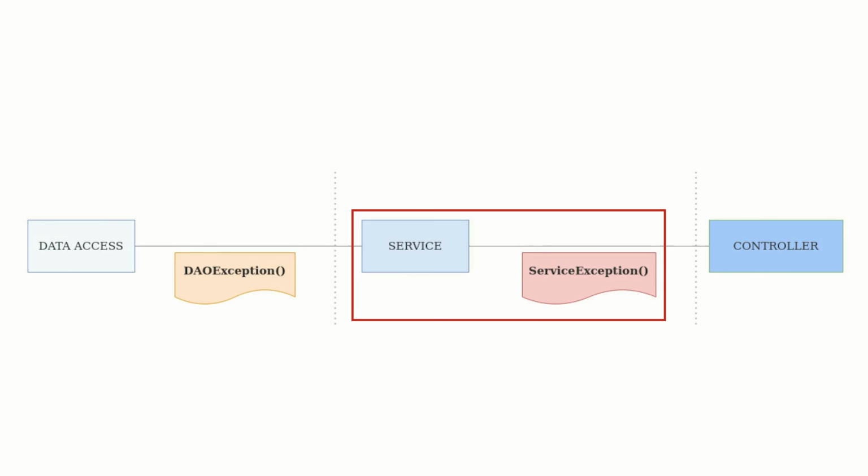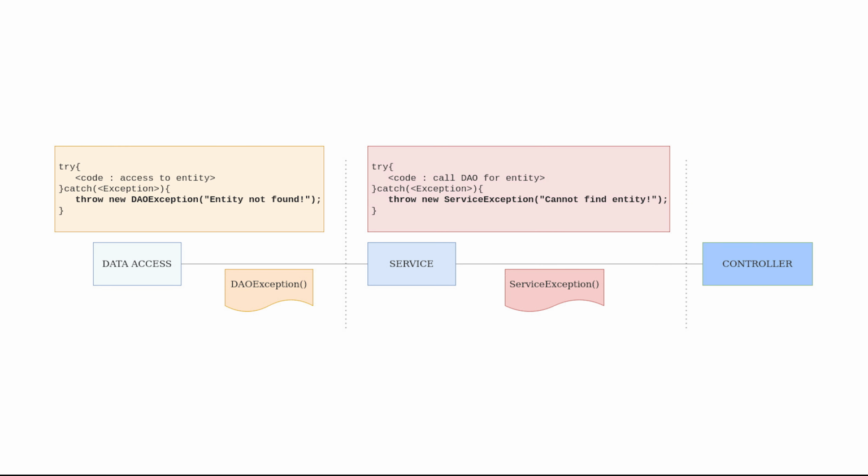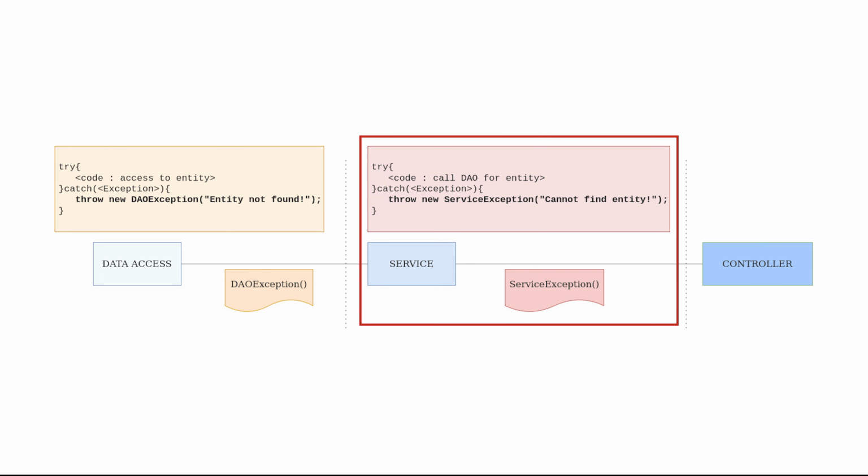And the service exception will contain exceptions related to underlying business logic implemented within the service layer. So the service layer will expect only DAO exceptions with exact cause and a particular error code from the data access layer. And the service layer will encapsulate the service exceptions with a necessary error code to the controller.